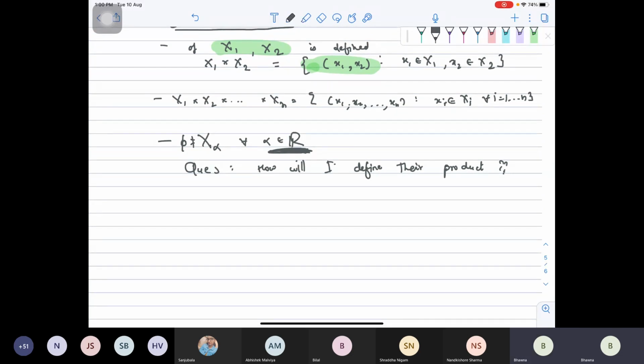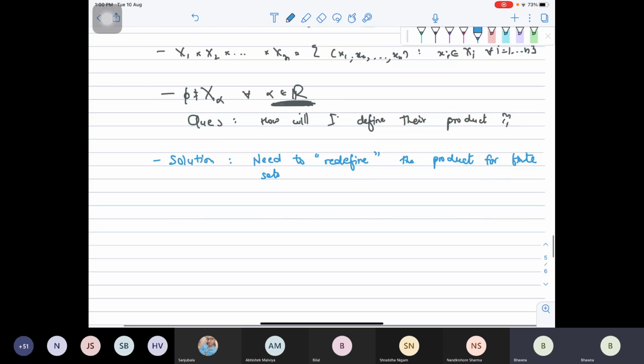So a solution for this problem is that we need to redefine the product for finite sets, such that the definition becomes order independent.